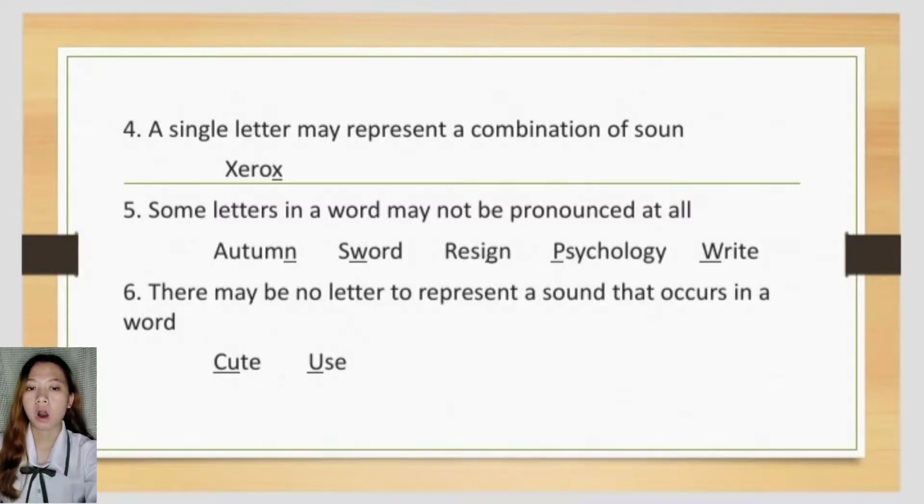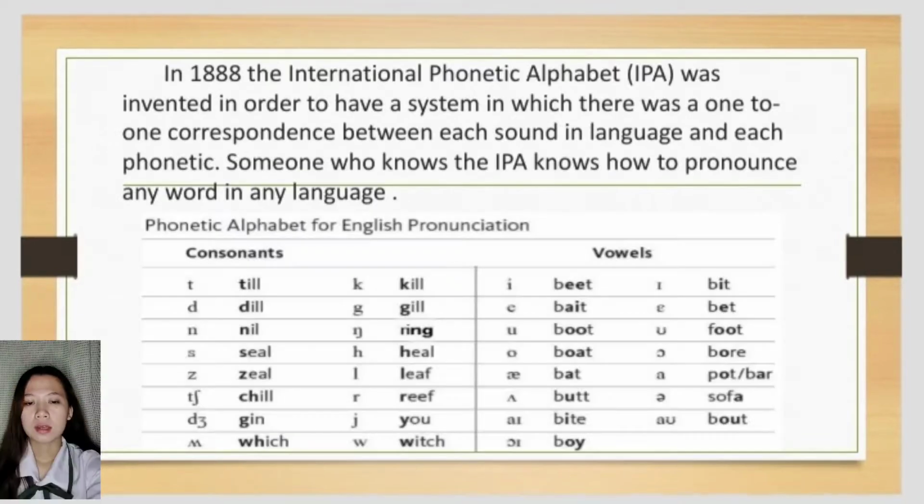For example, autumn with a silent N, sword with a silent W, resign with a silent G, psychology with a silent P, and right with a silent W. Number 6. There may be no letter to represent a sound that occurs in a word. For example, cute and use.